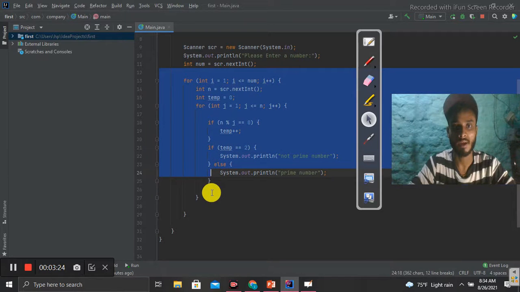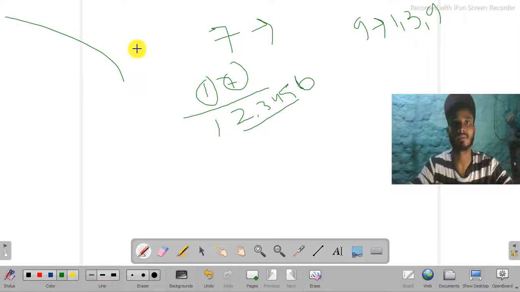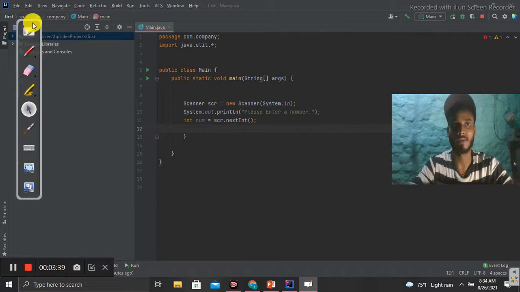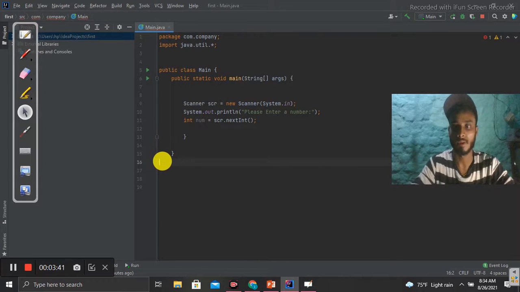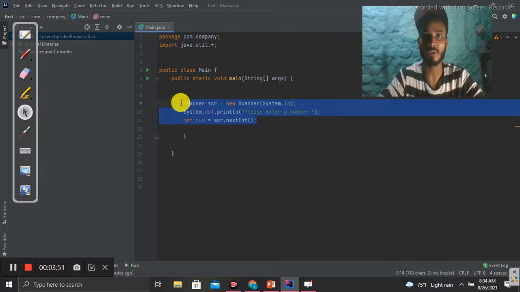I delete all of this code. We know that this line of code helps to take input from the user. Don't worry about this.